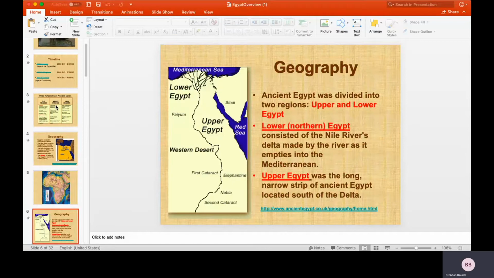If you can remember from some of the pictures, alongside the banks of the Nile, there were lots of trees and plants and vegetables and lots of farms. That's because obviously the water from the river enabled things to grow. The further that we get away from the river, the less things that grow. And it becomes more desert and more sand, which obviously isn't too useful for growing plants.